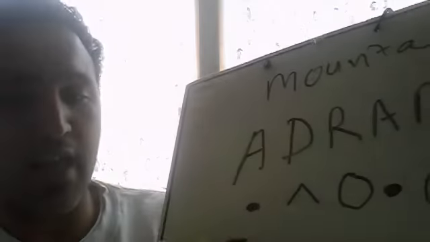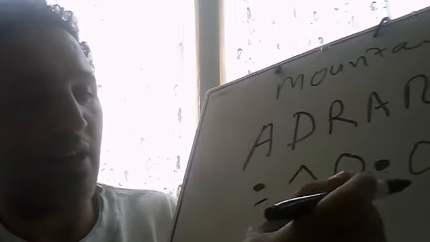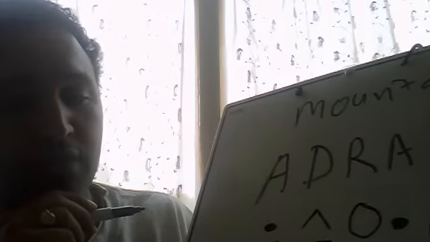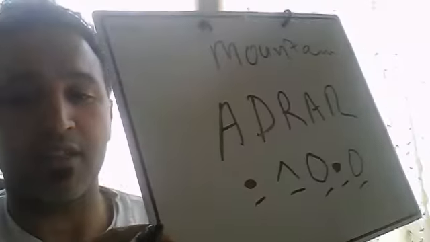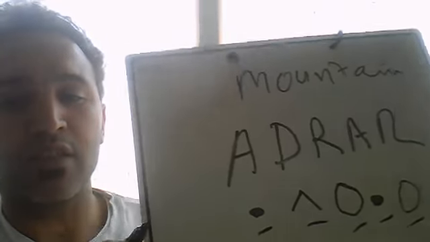For A, you can put a small circle like this, or you can just put it closed, so you can make the difference between R and A. So we know what is A, D, R, A, D. Adrar is a mountain in Tamazight.